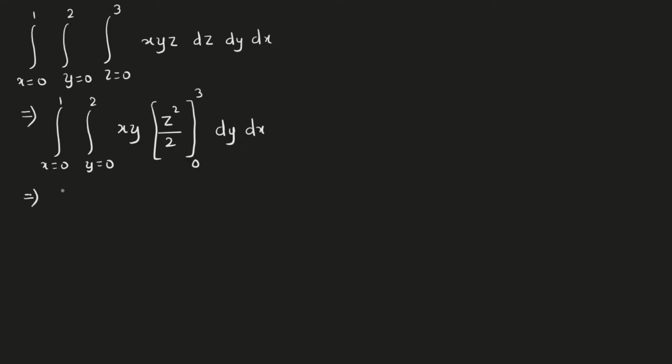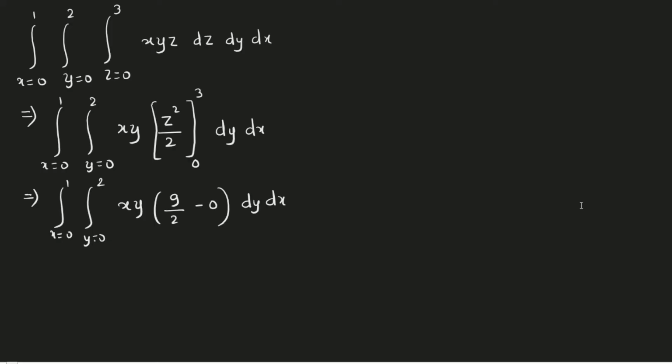What does it imply? These two as they are, 0 to 1, 0 to 2. Whenever you put the limits, xy by, upper limit minus lower limit, 3 square by 2, that is 9 by 2, minus 0, into dy into dx.